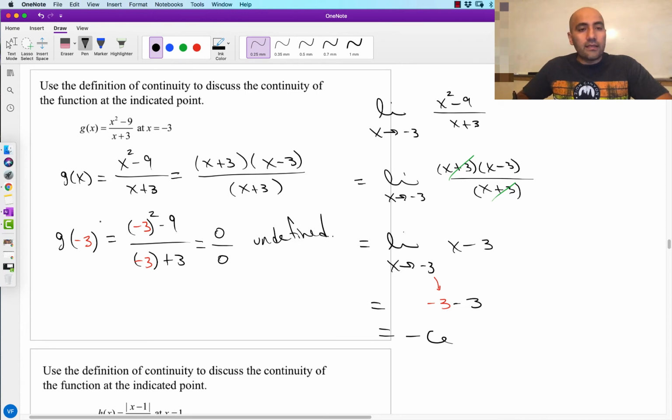So the function is not continuous at x equals negative 3. The limit exists, but the value of the function is undefined at negative 3. So g of x is discontinuous at x equals negative 3.